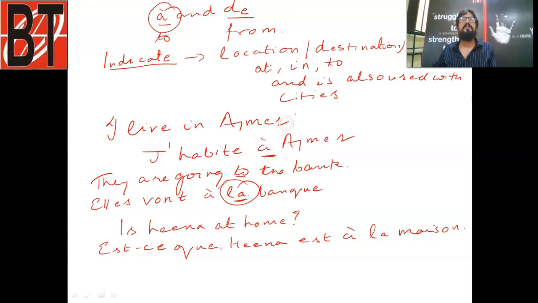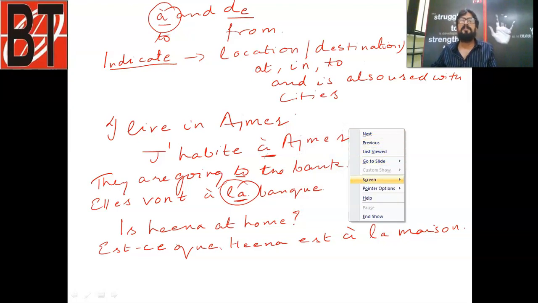Now this is still not over. We need to understand it in a little bit more detail. For example, the meaning of to or for before an indirect object, that is usually for a person or a pet, you can freely use à.